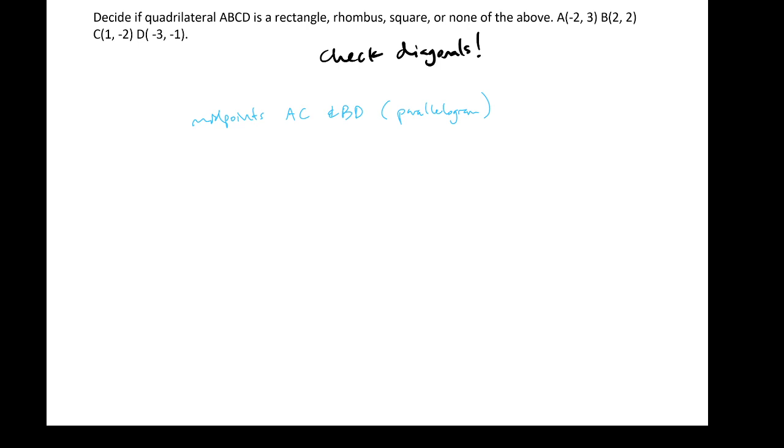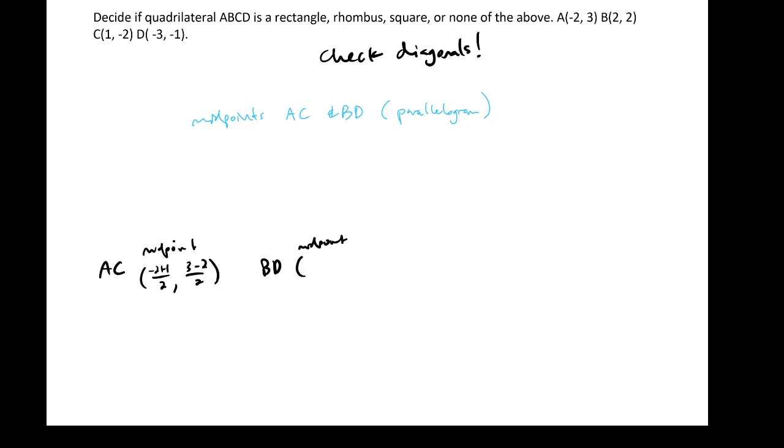So here we go. AC's midpoint, BD's midpoint. Negative 2 plus 1 over 2, right? And 3 minus 2 over 2.